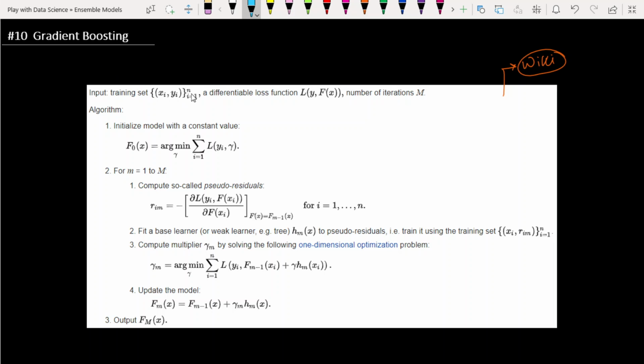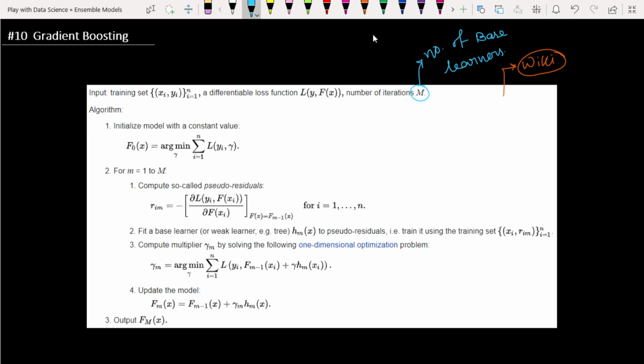Our job is, with this data set, we have to find a loss function. In the previous lecture I took k as the number of base learners, but let's take the same example here, where m is the number of base learners, meaning the number of iterations we have to do.